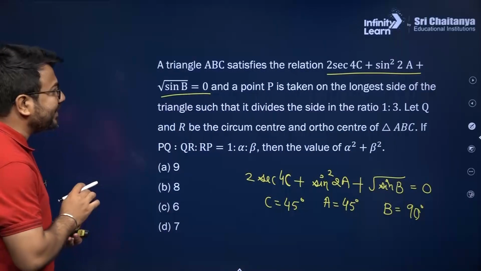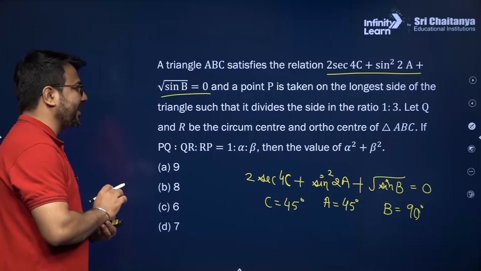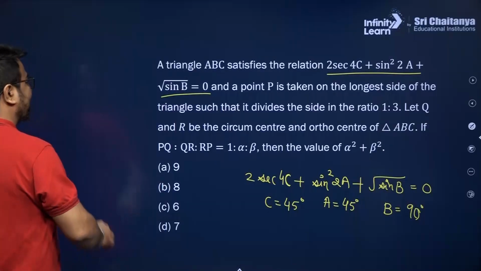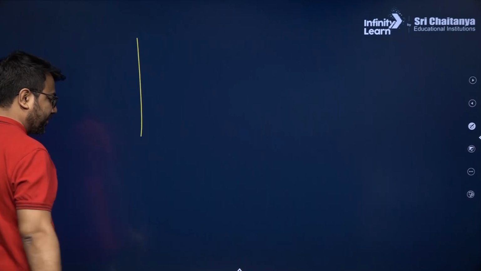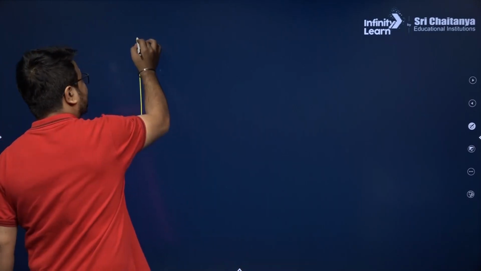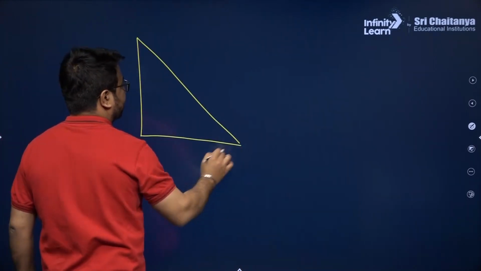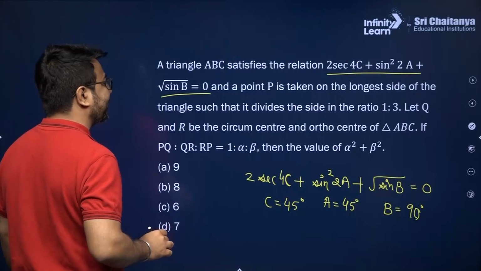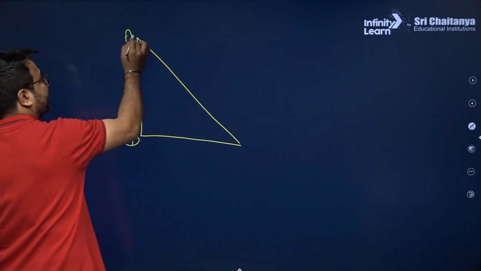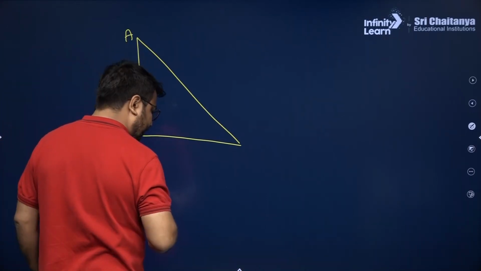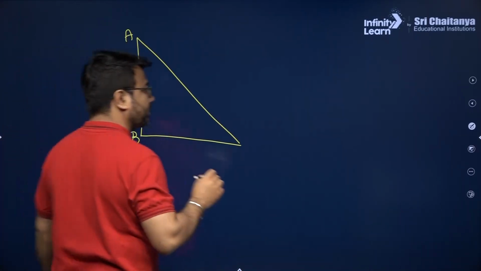Now a point is taken on the longest side of this triangle such that... here we have a right triangle. I can draw the figure in front of you of a right angle triangle. This right angle triangle has angle B as 90, A is here and C is here. We can also take the opposite of it.